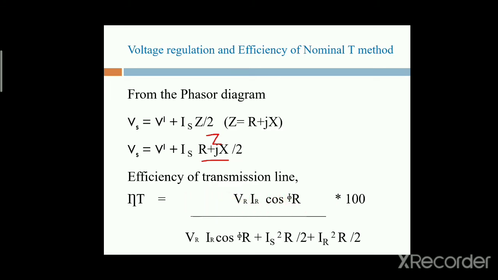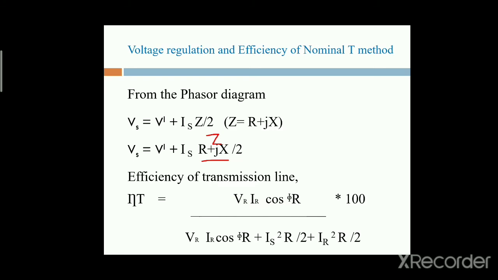Okay, what is the formula for power supplied? Power supplied is equal to the power delivered plus line losses. Power delivered is the receiving end power, that is VR IR cos phi R, plus line losses. What are the line losses?